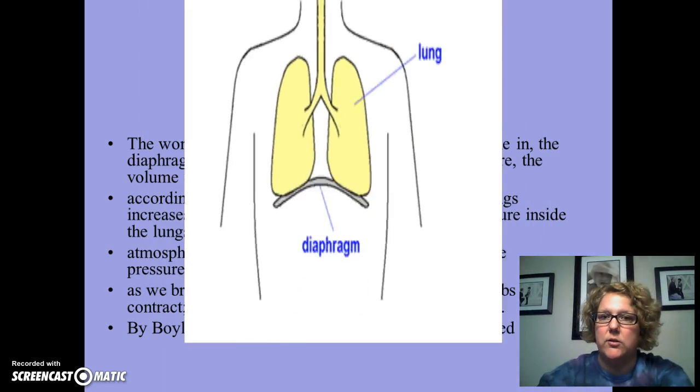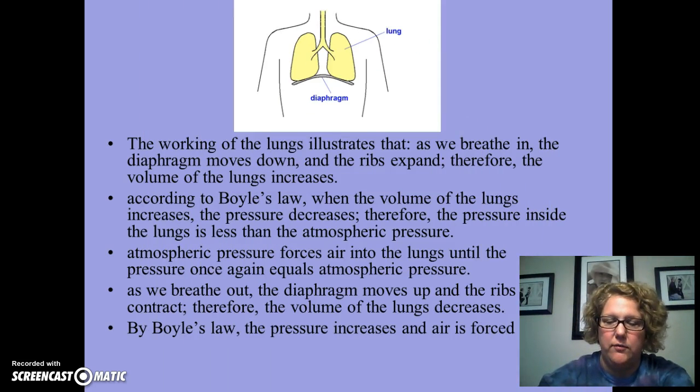All right, the lungs are a perfect illustration of Boyle's law. As we breathe in, this diaphragm, this muscle that runs beneath our lungs, moves down, and our ribs also expand. So therefore, this chest cavity, the volume of it increases. Well, we know according to Boyle's law, when the volume increases, the pressure is going to decrease.